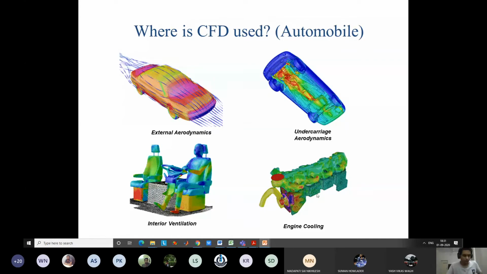So how to improve the properties of the engine block, piston, cylinder assembly. How the combustion is occurring in the piston cylinder assembly. So where we will position the spark plug or how the fuel injection should occur. These things are predicted very well by CFD solutions.